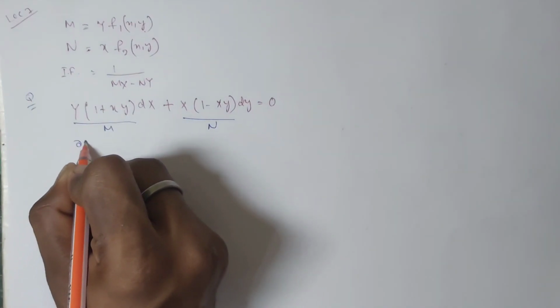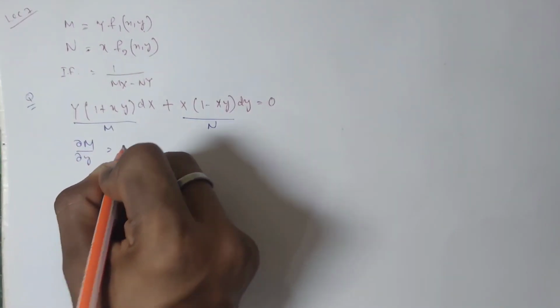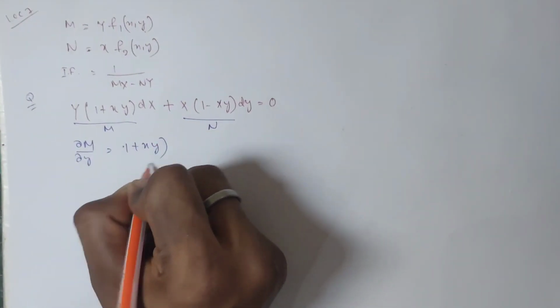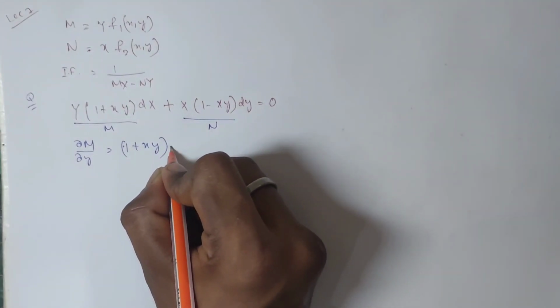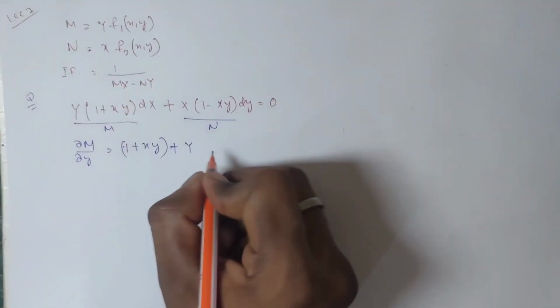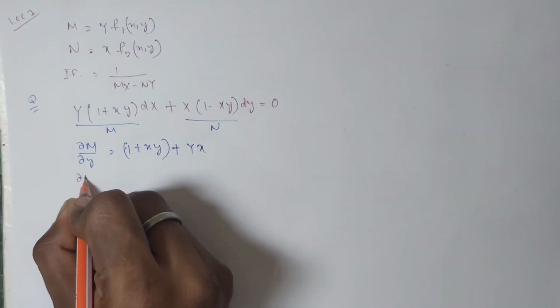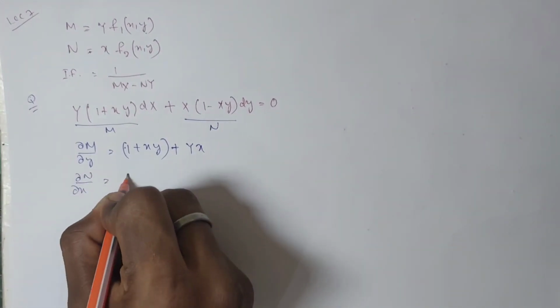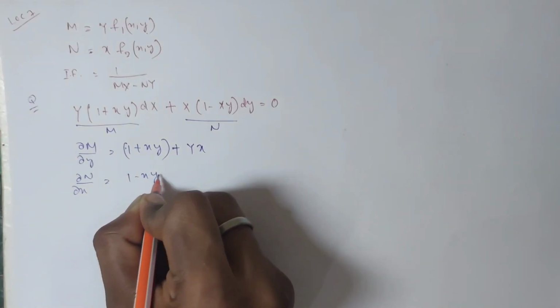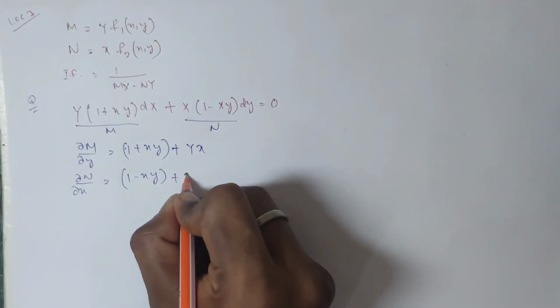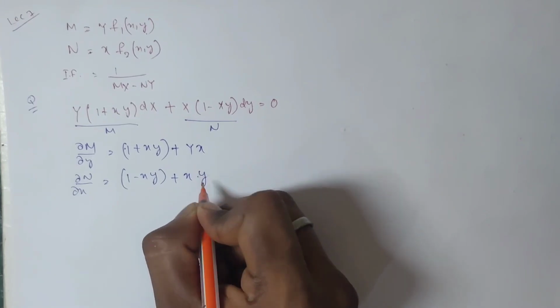If we differentiate, del M by del y becomes 1 plus xy, plus y into x, and del N by del x is 1 minus xy, and then minus x into y. Sorry, here this is minus.